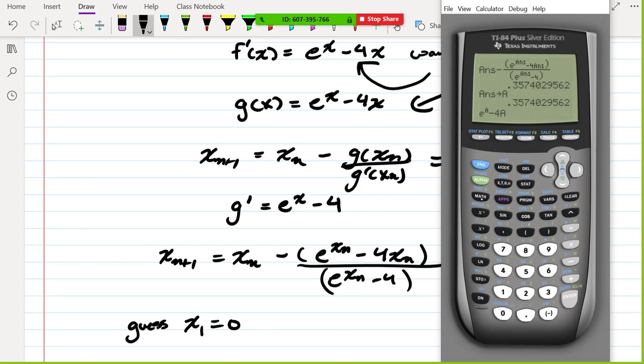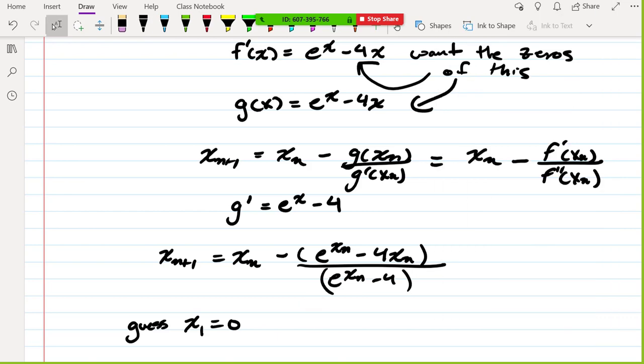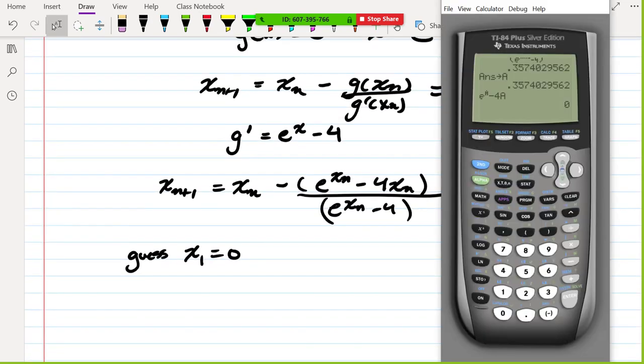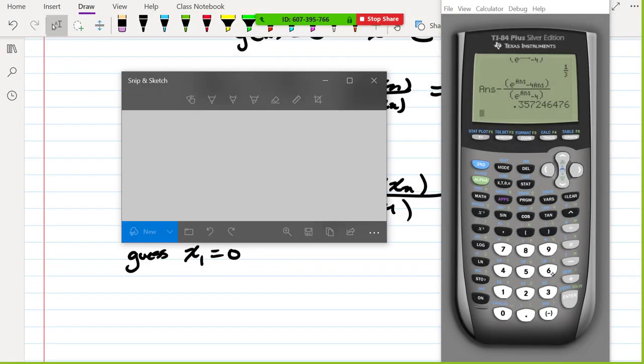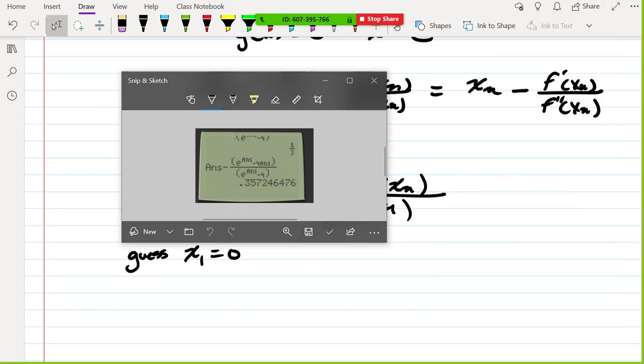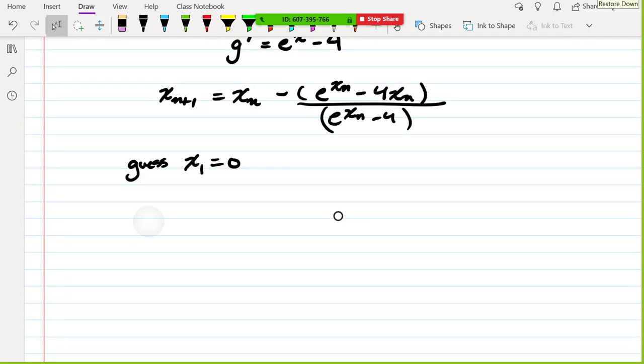Well, hopefully I get the number 0. So indeed, we found a 0 of this. So we had 1/3 and then we had this, so it converged pretty quickly. So then I saved this in my calculator as A.